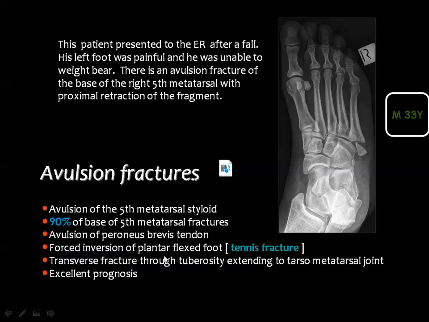And this fracture is sometimes known as the tennis fracture because it results from avulsion of this part of the proximal fifth metatarsal bone, and it usually involves the tarsometatarsal joint.